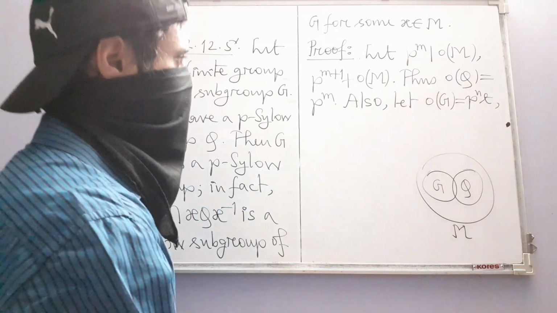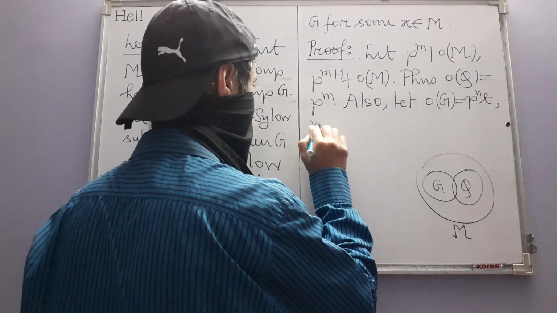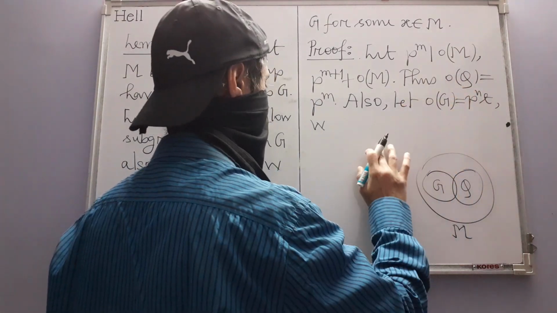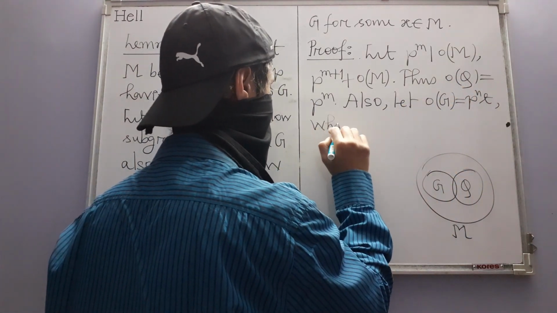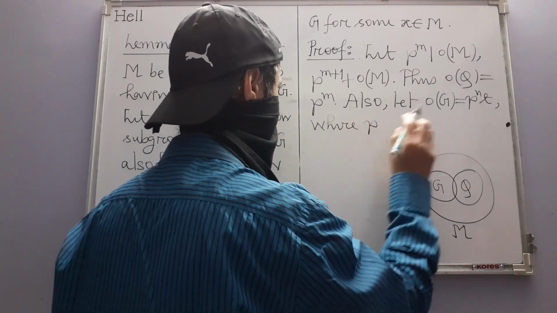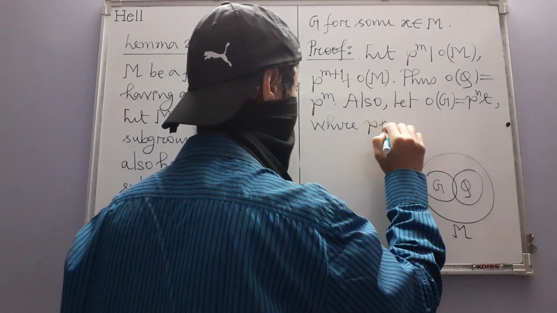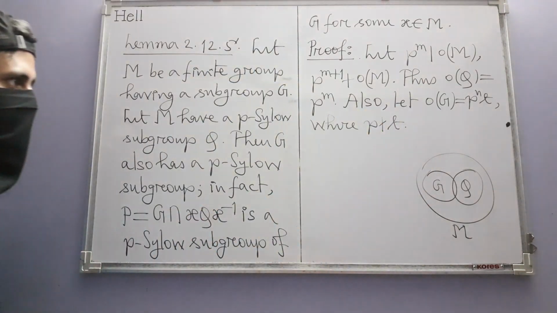Okay, and say this is the largest power of p dividing the order of G. So that means p does not divide t.